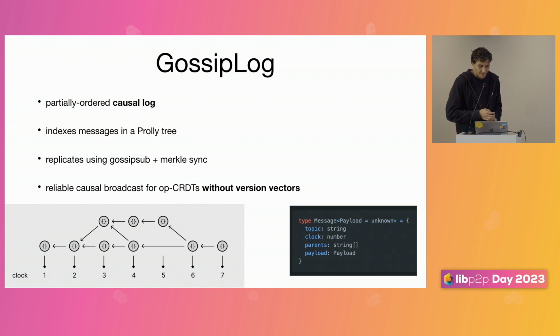Eventually what this gets us, so this was also something, Daniel, I think you were talking about with your universal connectivity talk, is that delivery for operation-based CRDTs is in general an unsolved problem, right? It's kind of out of scope for the CRDT people to figure out exactly how they want to deliver their messages. A common constraint that they have is that they need to deliver their messages in causal order, depending on the exact kind of CRDT that they're using.